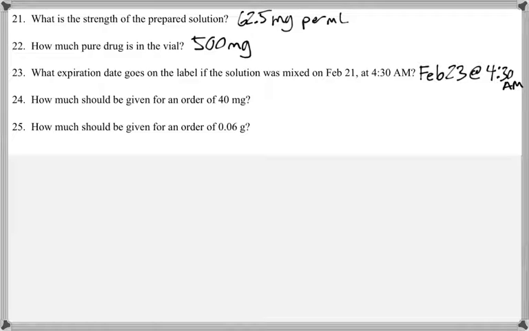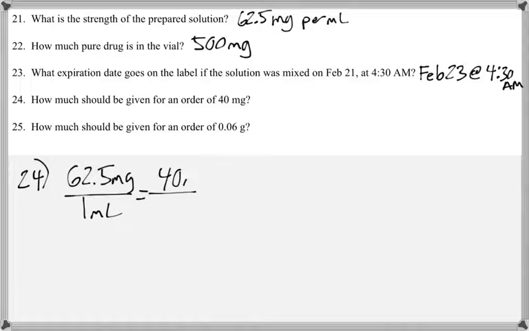How much should be given for an order of 40 mg? Again, I'm using the solution strength. So it's 62.5 mg over 1 ml is equal to 40 mg over x.